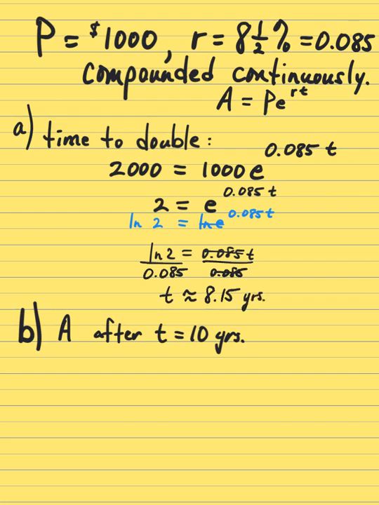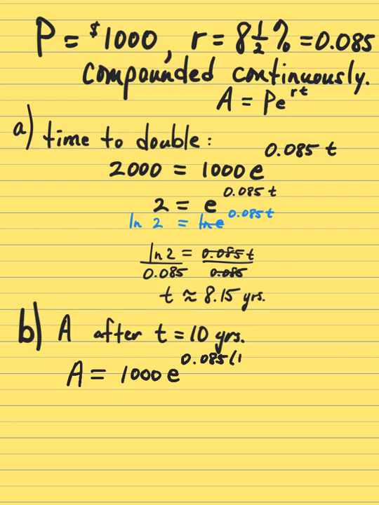Part B, we're asked to find the ending amount in the account after 10 years. So we're going to use the same A equals P times E to the RT formula. The initial investment was 1,000. E to the interest rate.